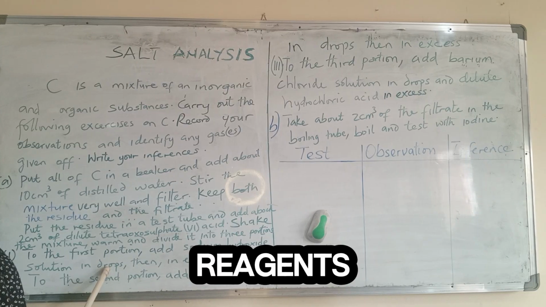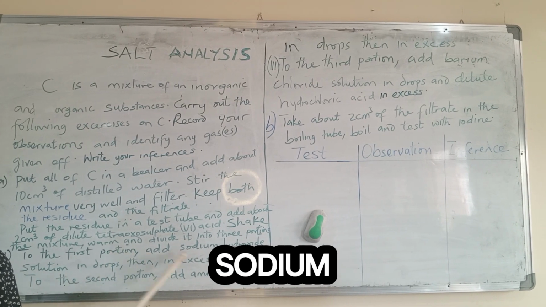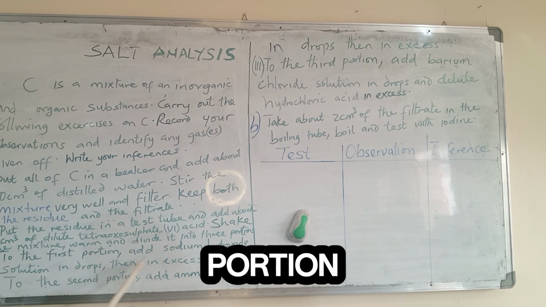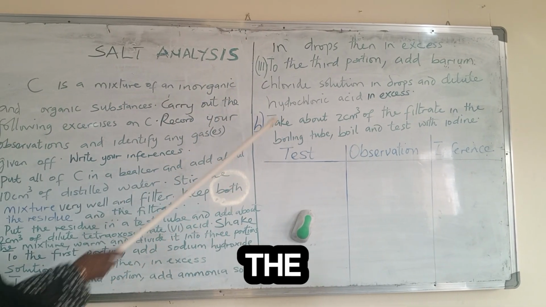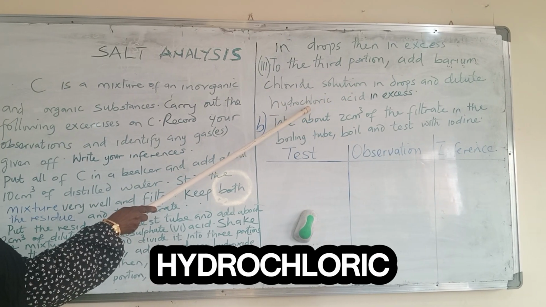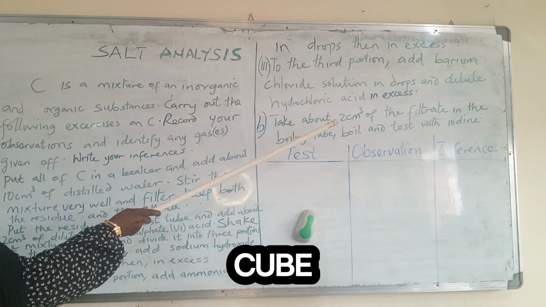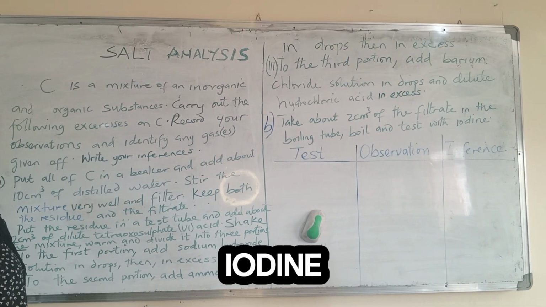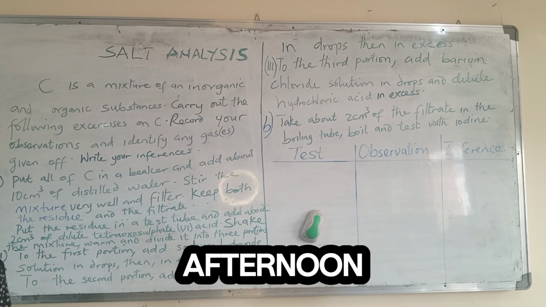Those are the two reagents we use to identify cations in salt analysis. You add sodium hydroxide solution in drops, then in excess. To the second portion, you add ammonia solution in drops, then in excess. To the third portion, add barium chloride solution in drops and dilute hydrochloric acid in excess. Then B: take about 2 cm³ of the filtrate in a boiling tube, boil and test with iodine. That is the question that we have prepared for you for this afternoon.